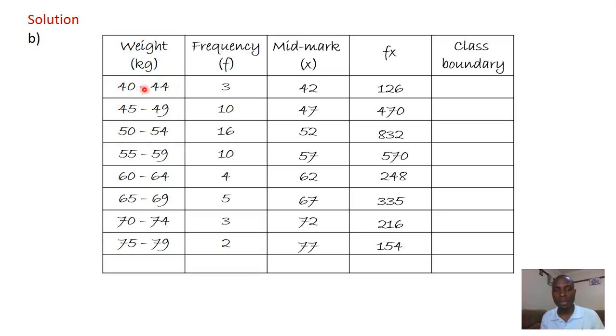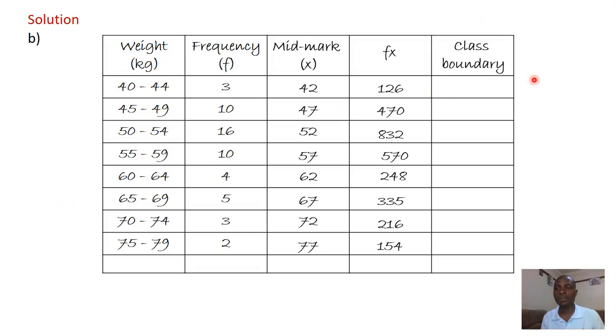And to get the upper class boundary, we add 0.5 to the upper class limit. So for the first class, we shall have 40 minus 0.5 to 44 plus 0.5. So here we shall have 39.5 to 44.5. So that's what we shall do for all these different classes, and then we get the class boundary.